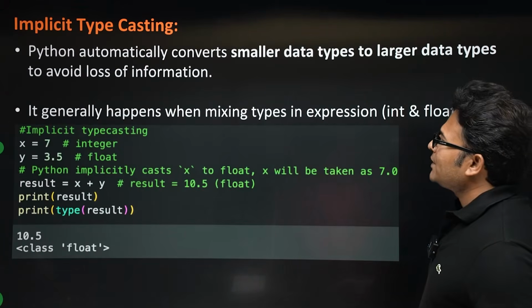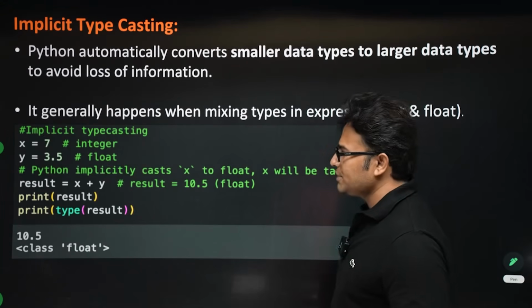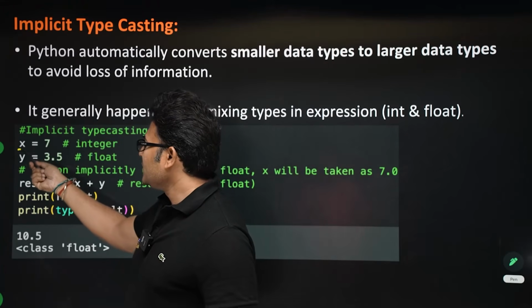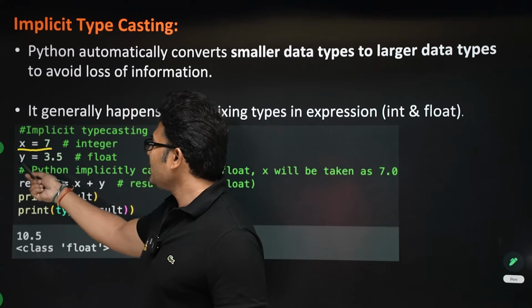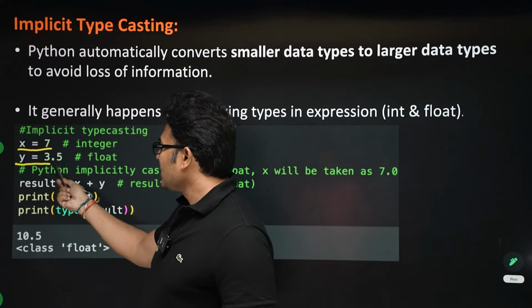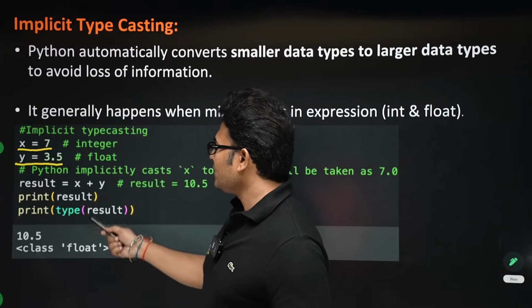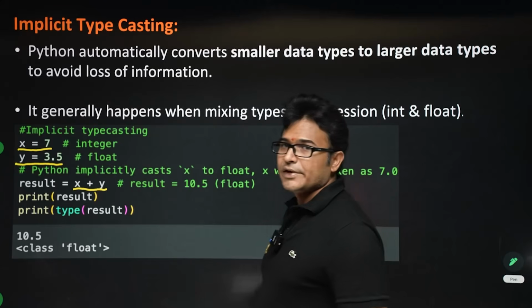So Python automatically converts smaller data types to larger data types. What does that mean? Let us assume that x equal to 7. In this case, x is an integer. Let us assume that y equal to 3.5. In this case, 3.5 is a float. Now let us assume that we are doing x plus y. Right?